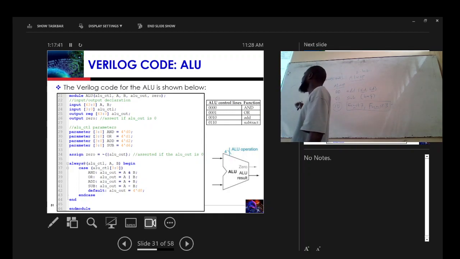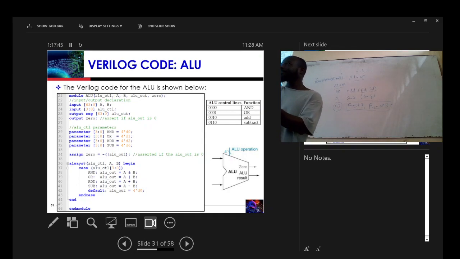The ALU does add, and then what? Subtract. Then the ALU has inputs: ALU control, and A and B for the values. It has the output, ALU out.